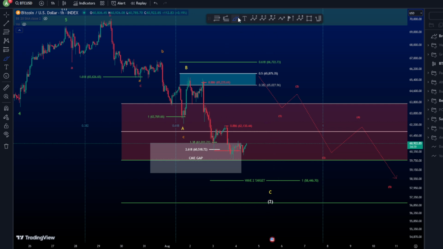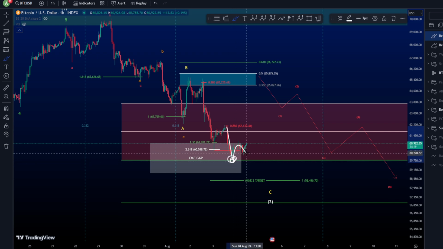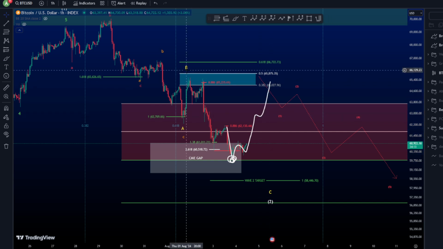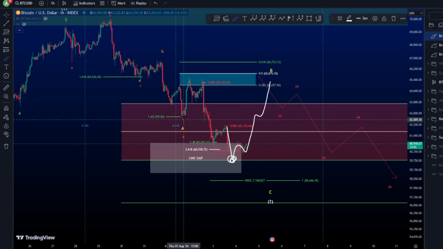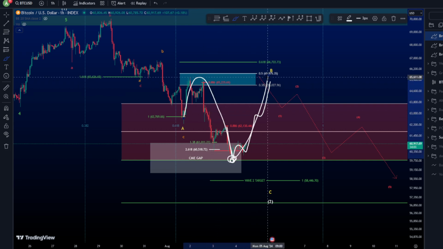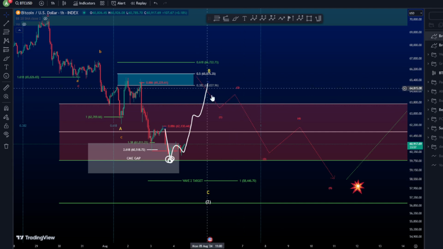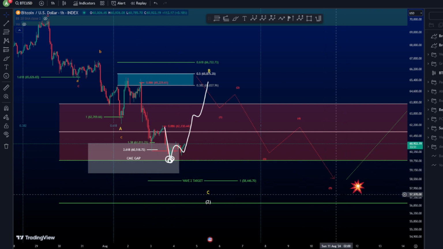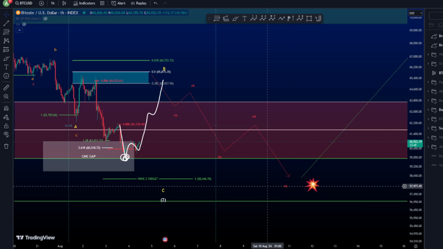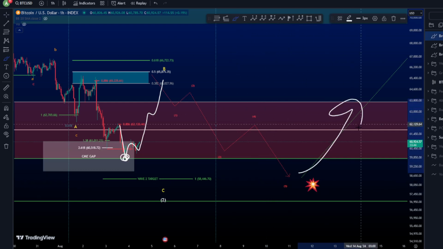In that case, if this happened, we are going to close half of the gap, rejecting this support level, and it goes towards the upside again, having a much clearer wave B, then closing an A, B, and C expanding flat, and after that looking again for another impulse towards the downside. 1, 2, 3, 4, 5, filling the other half of the gap, filling also the wave 2 requirements, the fib levels required for a wave 2, and then moving on towards the upside.